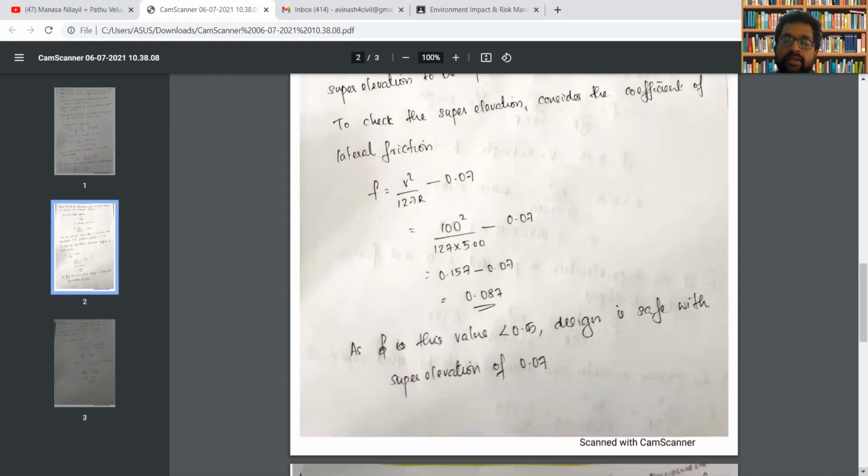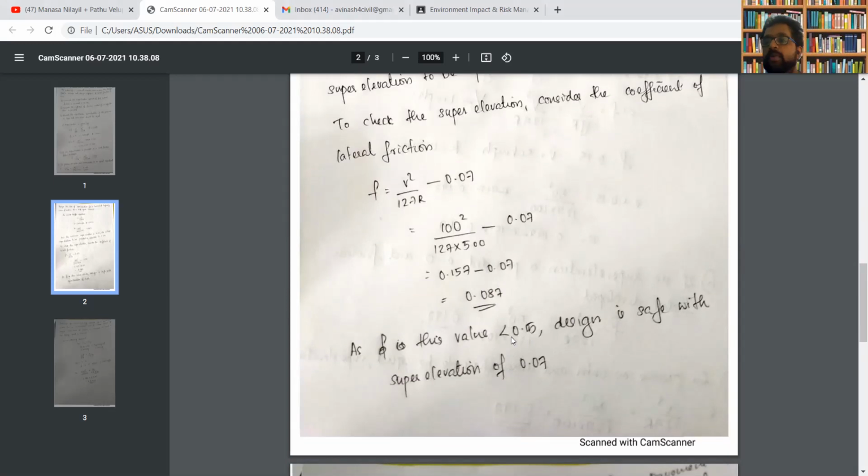Now note that this value of 0.087 is less than 0.15. Okay. So your design is safe with a super elevation of 0.07. In case you are obtaining a value of coefficient of lateral friction more than 0.15, then you cannot report the value of super elevation as 0.07.